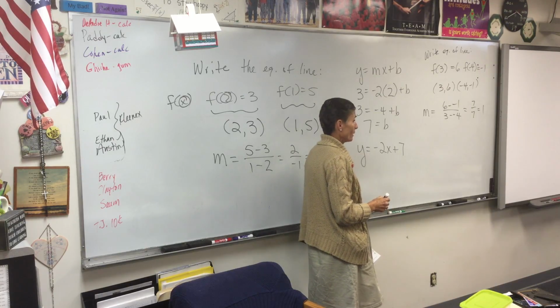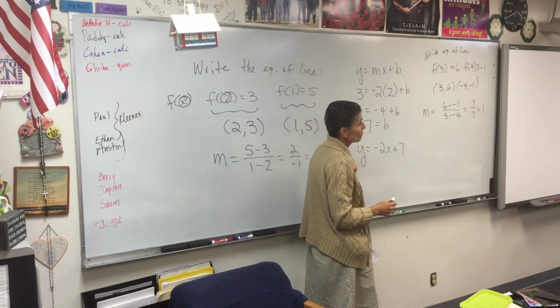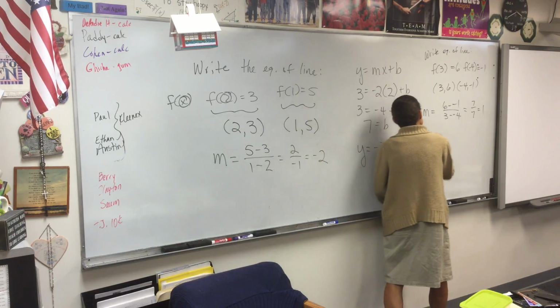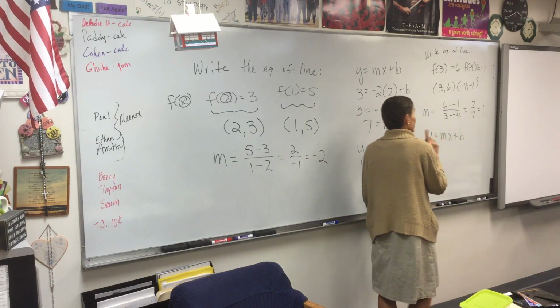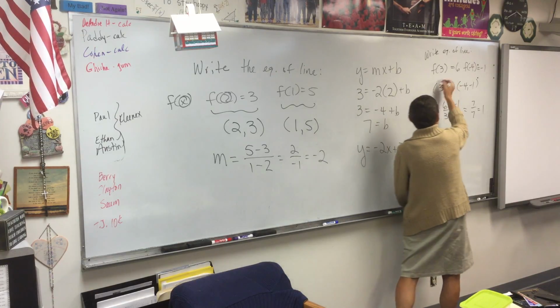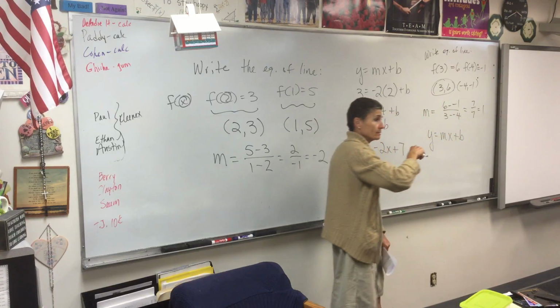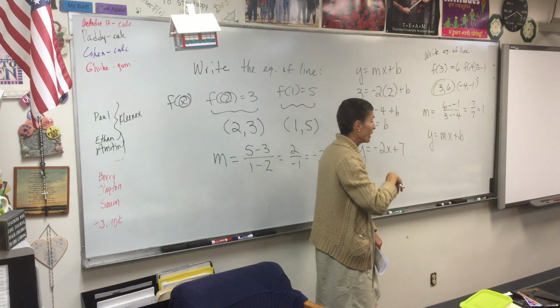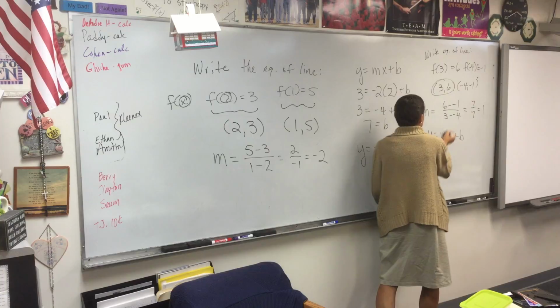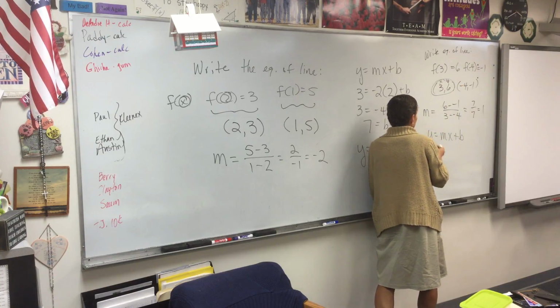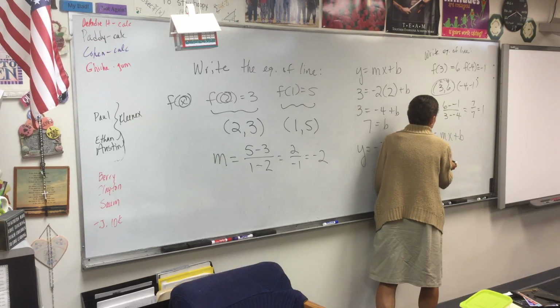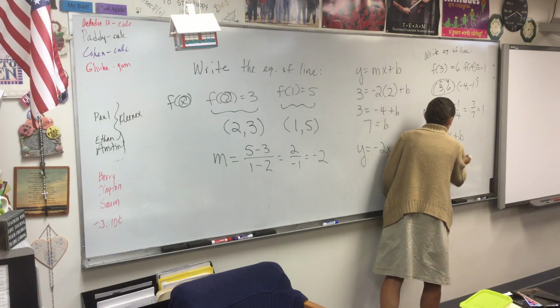All right, Althea, what happens next? So I use my form y equals mx plus b, and I pick one of my points. I'll pick this one. It makes no difference. You'll get the same answer no matter what. Pick a point. Make sure you're putting the x and the y in the right spot. So 6 equals 1 times 3 plus b.